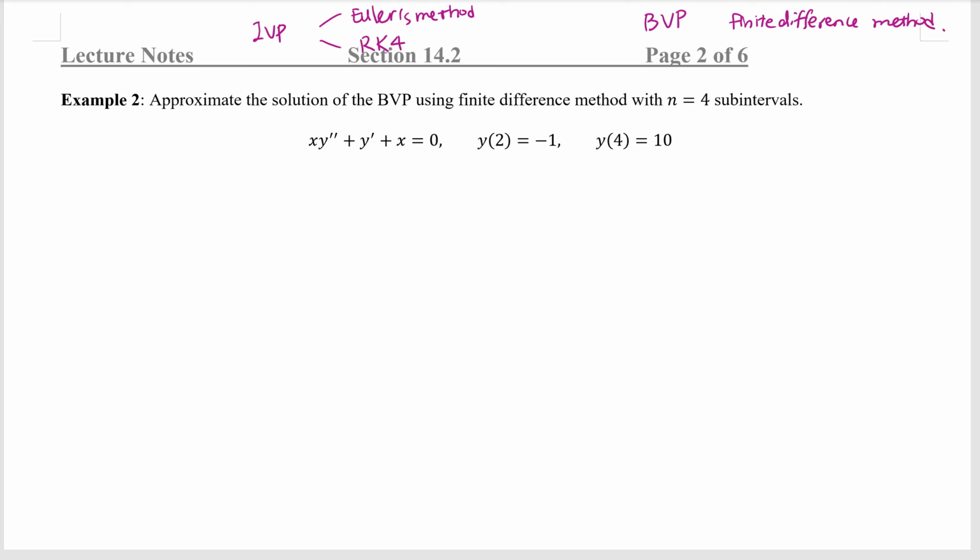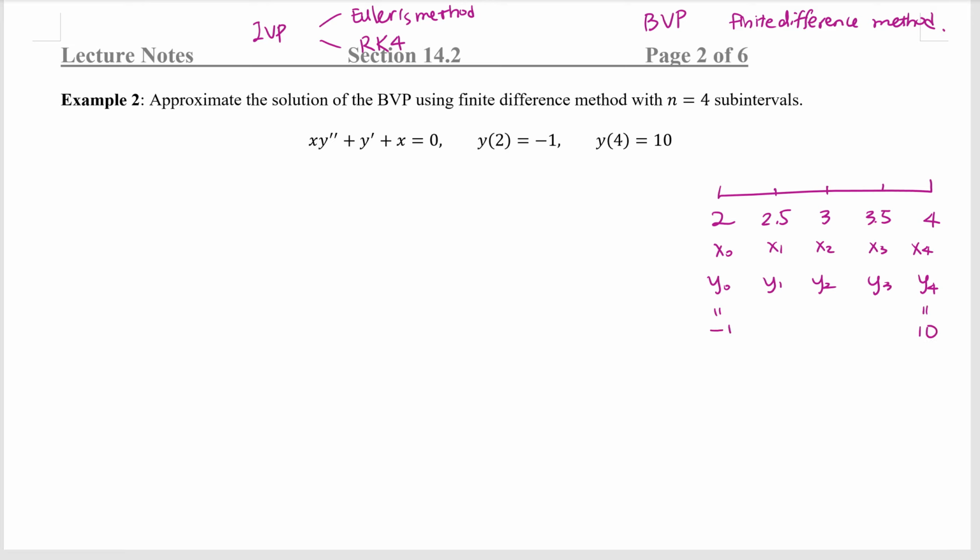Now let's see. Here we have the interval from 2 to 4, with midpoint 3, and we cut it into 4 subintervals. So this is 2.5, this is 3.5: x0, x1, x2, x3, x4, y0, y1, y2, y3, y4. And y0 is -1, y4 is 10. Here we have 3 equations, 3 unknowns.